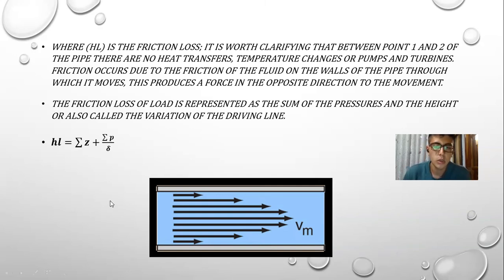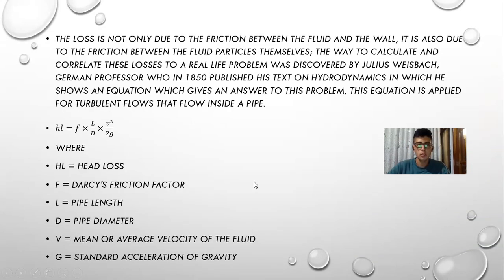This is the equation for hL. The loss is not only due to the friction between the fluid and the wall, it is also due to the friction between the fluid particles.